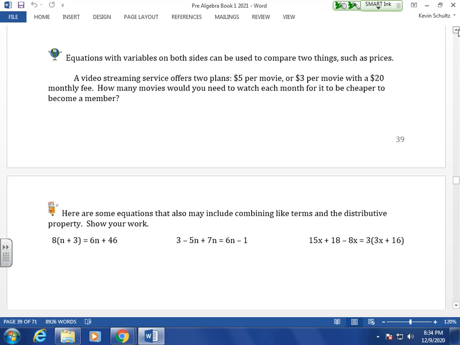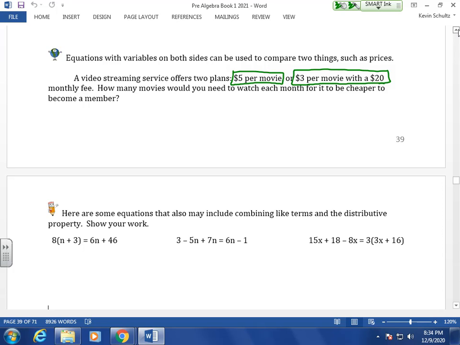So here we have this situation where a video streaming service offers two plans, just straight up $5 per movie or $3 per movie with a $20 monthly fee. So you look at this and you say, well, okay, one company is more expensive per movie, right? 5 versus 3, but then the cheaper per movie company also has a monthly fee.